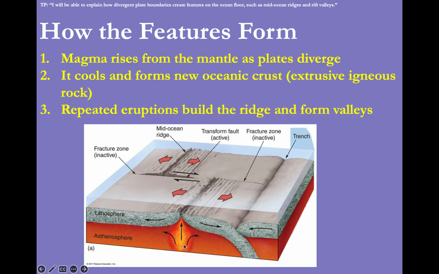So in this picture here, we have the rising of magma. It's less dense. Once it gets toward the surface at your mid-ocean ridge, it's going to cool down and form new oceanic crust. And this new crust will be a type of igneous rock. The classification of this rock is going to be extrusive.